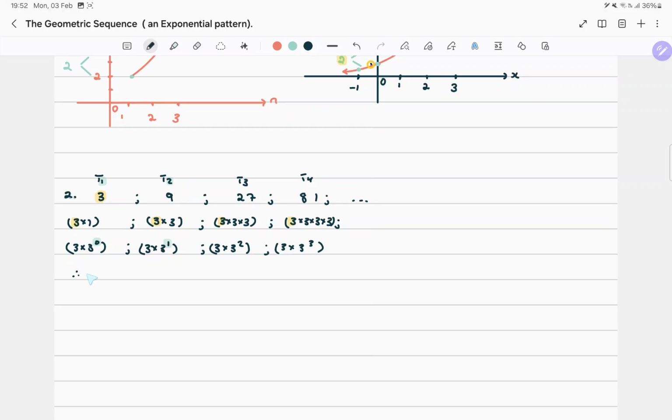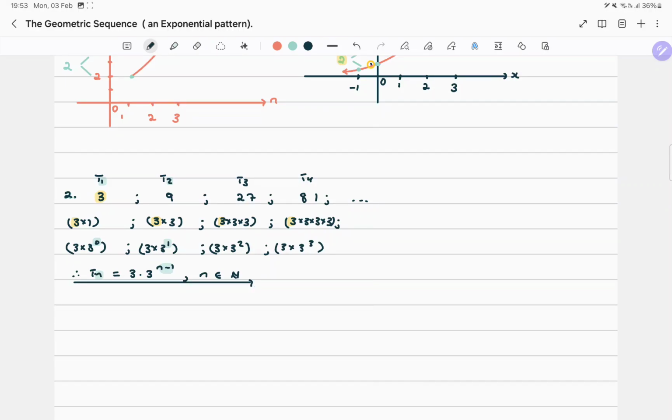So what can we say? We can say it seems to suggest that the nth term should be 3 times 3 to the n minus 1, okay? But it should be 1 less than the term's position, right? As you can appreciate the situation right there. And we know that n is an element of natural numbers, and we need to keep that in mind.